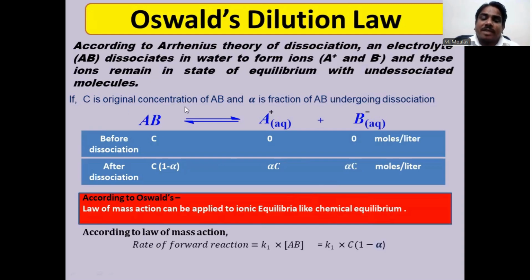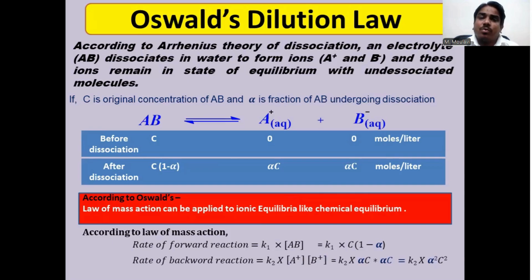So the rate of forward reaction is the velocity constant or rate constant times the concentration of AB electrolyte, equal to K1 into C(1 minus alpha). This is the rate for the forward reaction under equilibrium condition. For the backward reaction, the rate of backward reaction is equal to the velocity constant K2 times the concentration of A+ ion times the concentration of B- ion.